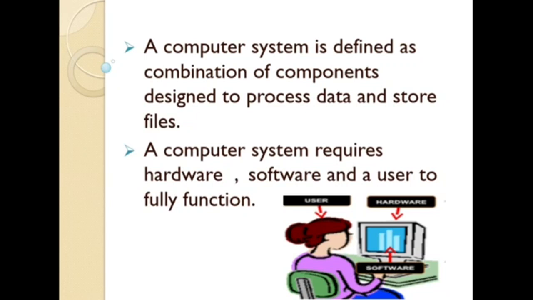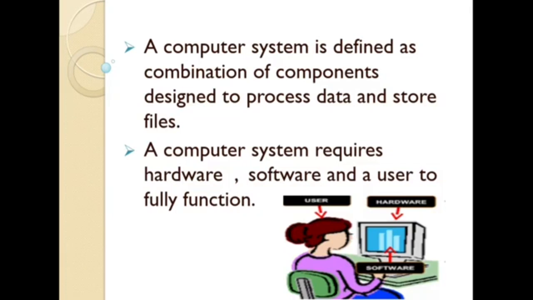That means a computer is a combination of various parts, for example monitor, CPU, keyboard, mouse, webcam and so on. With these different components, we can process some data and get the output, and also store our files in the computer.